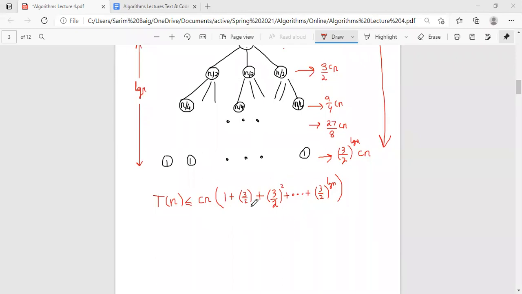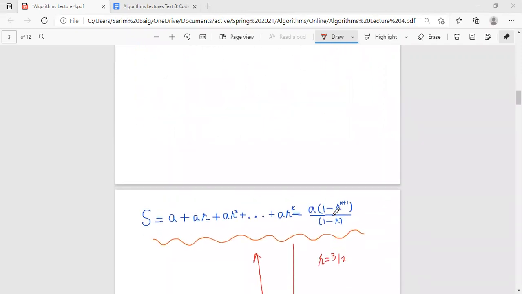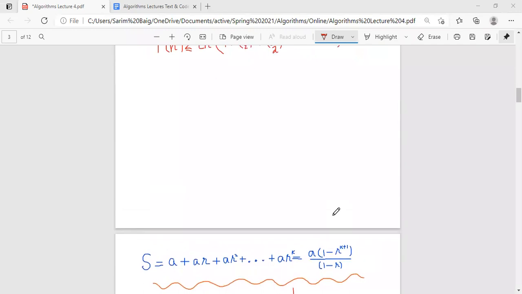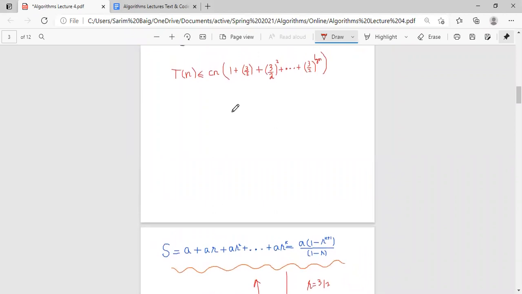The only difference here is कि 2 की बजाय 3/2 की पावर्स है, और जो लास्ट टर्म है वो है 3/2 की पावर log n. So now we can just use this formula, and plug in the values. Let me just reduce the size so that we can see both these things at the same time. So this is the series, and this is the formula we're going to use to solve it, right? And I think we can just do it step by step.